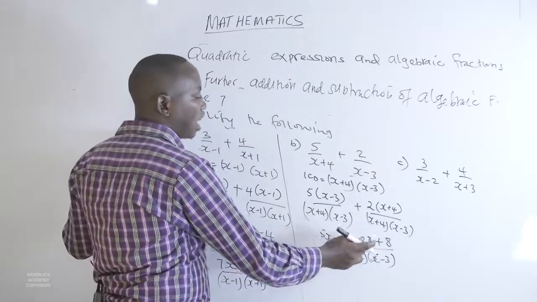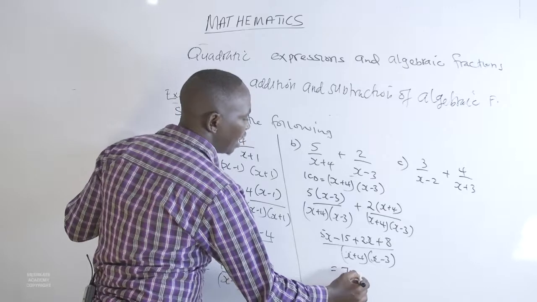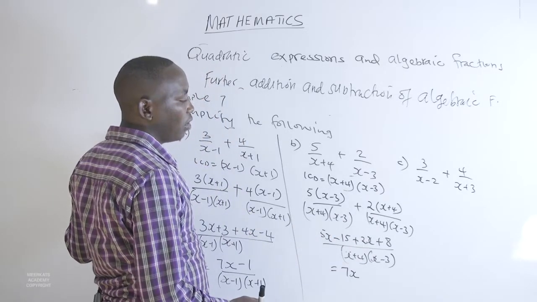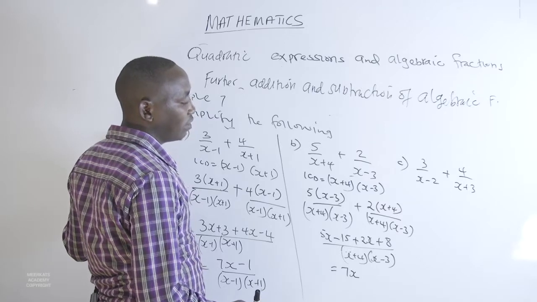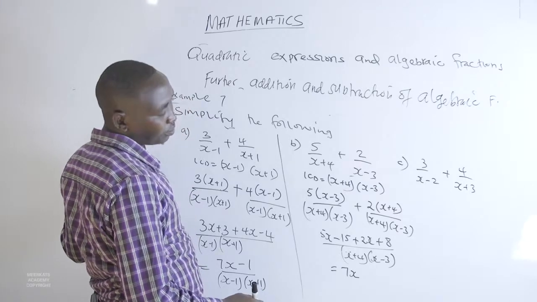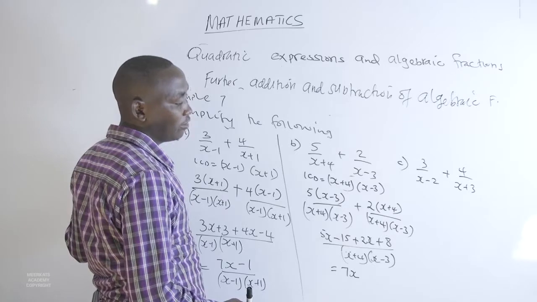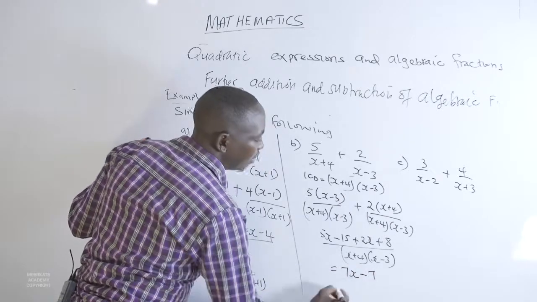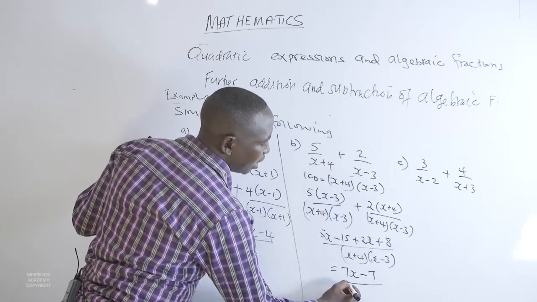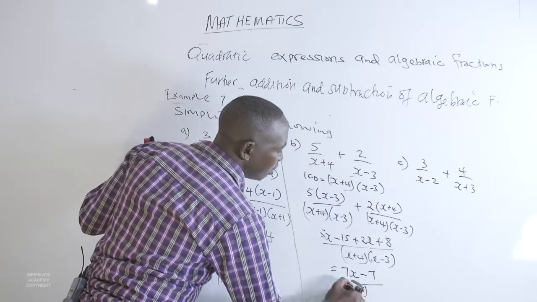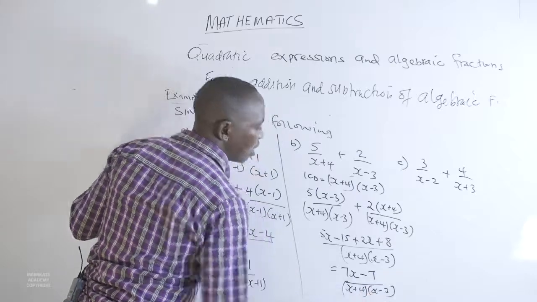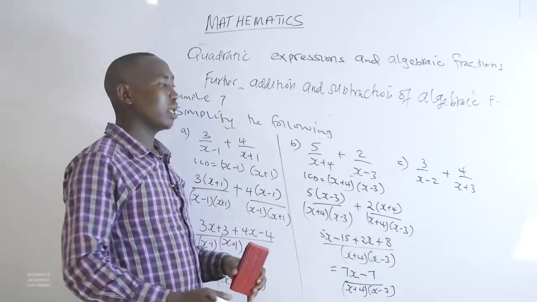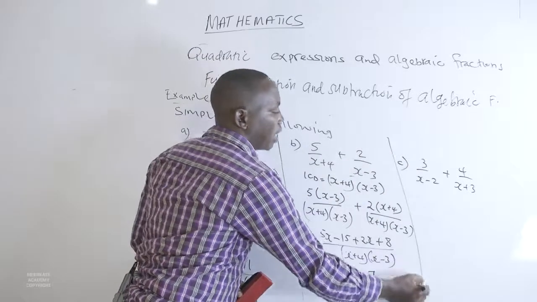Now 5x plus 12x will give us 17x, minus 15 plus 48 will give us 33. So that will be the numerator over x plus 4, x minus 3, which is our new denominator.